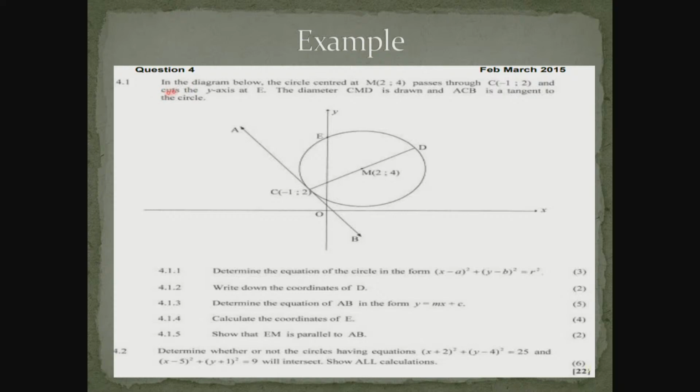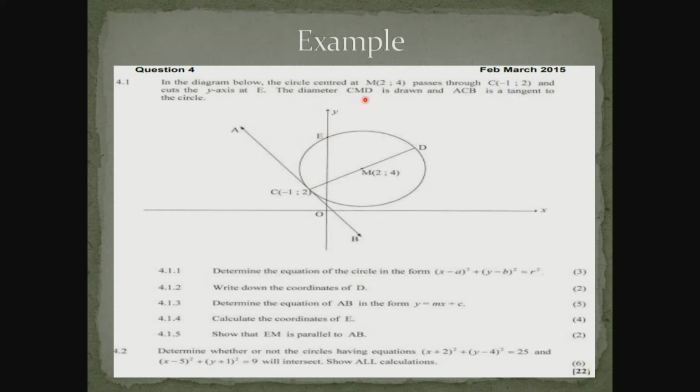Right, the statement: in the diagram below, the circle centered at M passes through C and cuts the y-axis at E. Please just check, this is the center, it means it's (a; b), then this is x as well as y. Then the y-axis at E, it means this is also the y-intercept. How do I determine the y-intercept? Then x must be 0.